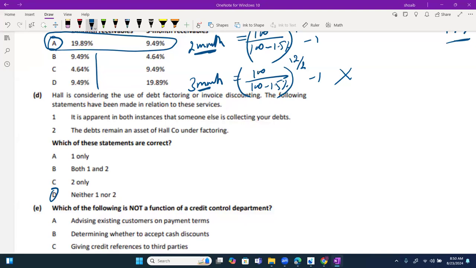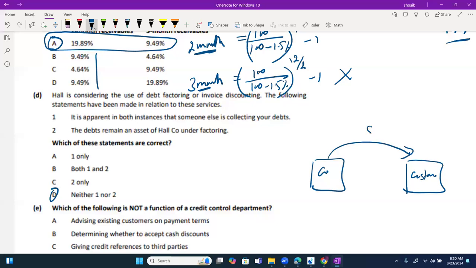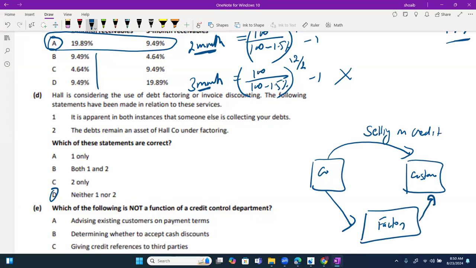With recourse is like normal financing. See, what is with recourse? This is your company. This is your customer. And you are selling. And this is the factor. You appoint the factor to collect money from the customer. The normal arrangement is without recourse.